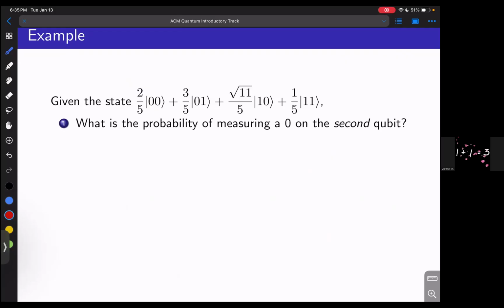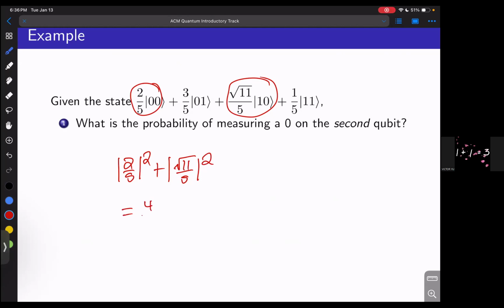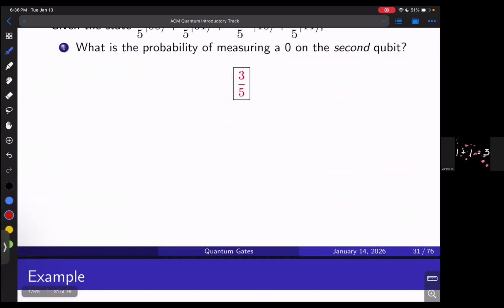Yeah, that's squared. So these are our terms of interest because the second entry in the ket is a 0. So we're going to take mod 2 over 5 squared plus mod 11 over 5 squared, which is 4 over 25 plus 11 over 25, which is 15 over 25, which you can simplify to what? 3 over 5. Does that make sense to everyone?